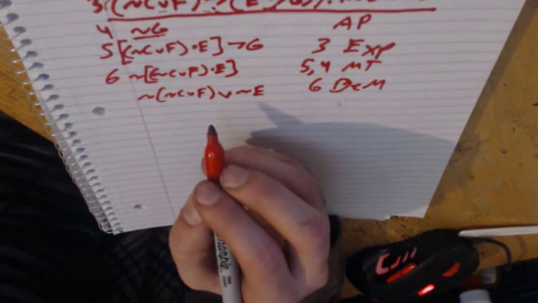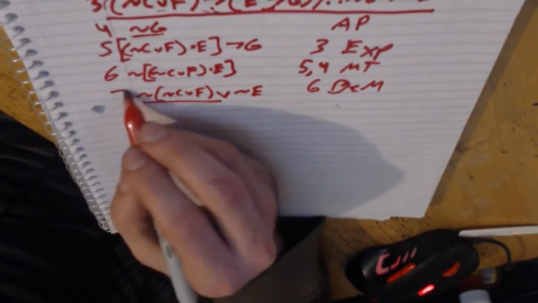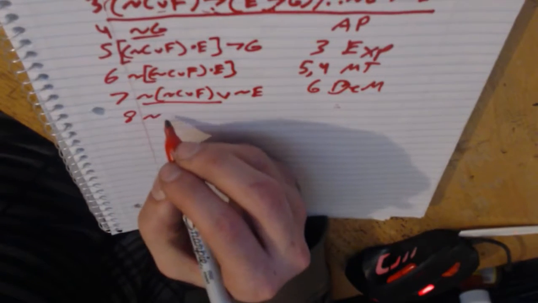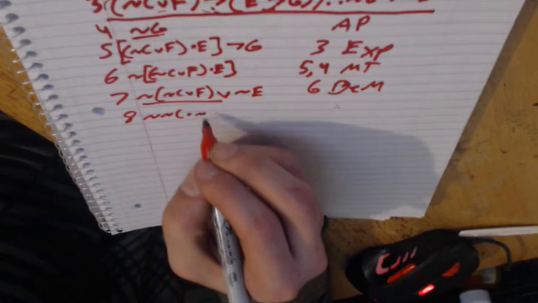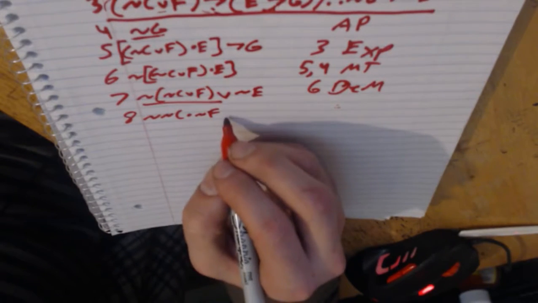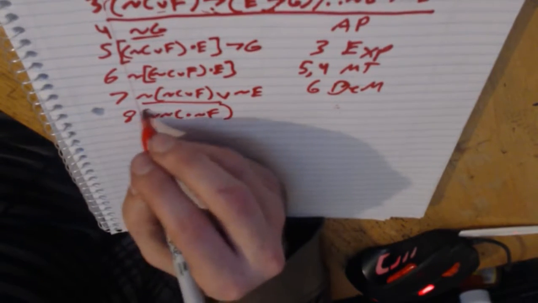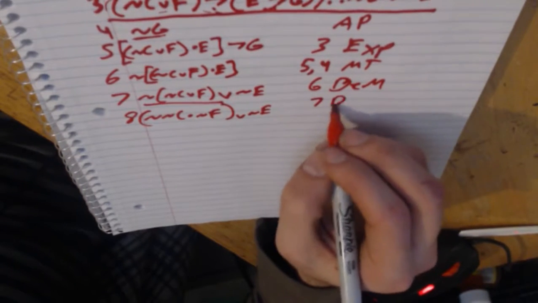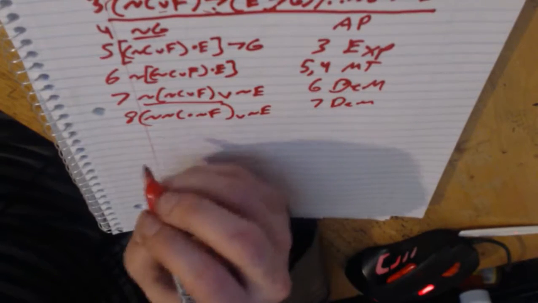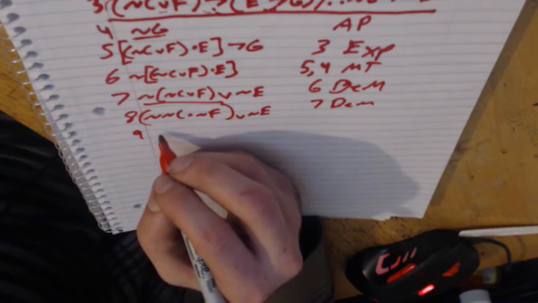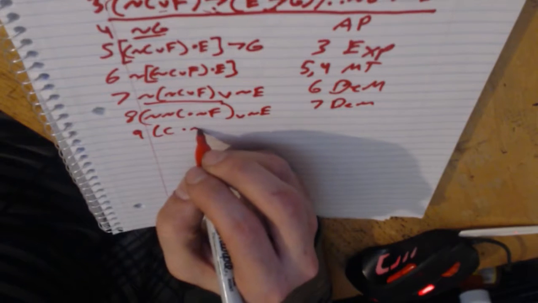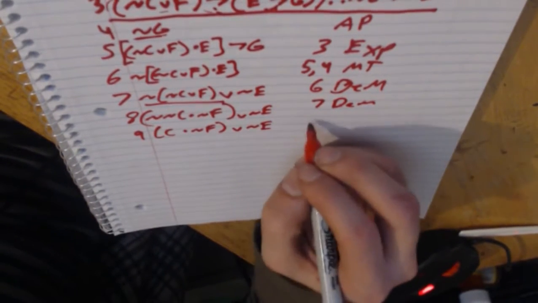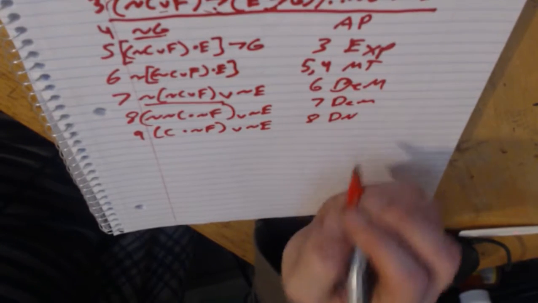Now if we De Morgan's again, just this part, we're going to get not C and not F, all in parentheses, or not E. So that's line 7, De Morgan's. Let's go ahead and double negate that, clean it up. C and not F, still in parentheses, or E. That's 8, double negation.